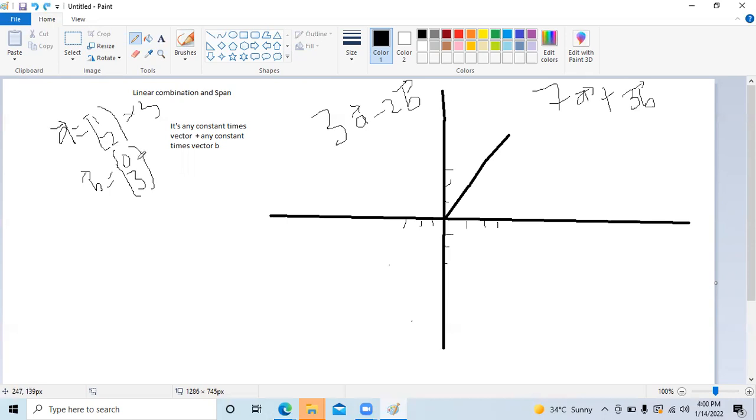Sorry, I had 3, 0 in my notes. That's why I was making the mistake. In my notes, it's vector 3, 0. So 3, 0 will give us 3 on the x-axis. So vector B would be something like this. Let me draw it very close to the line. 1, 2, 3. Right, that's the vector.